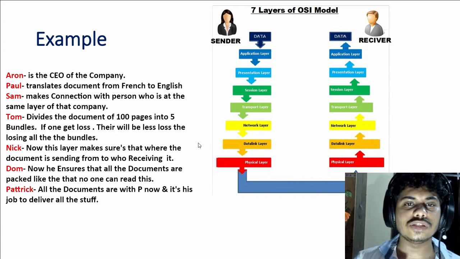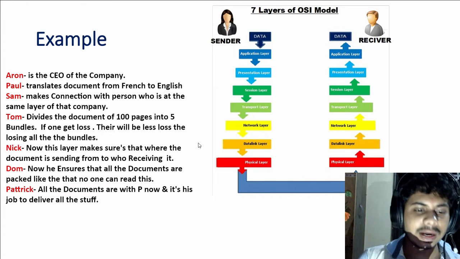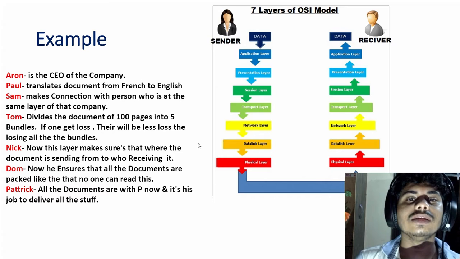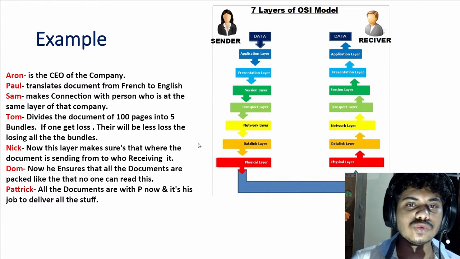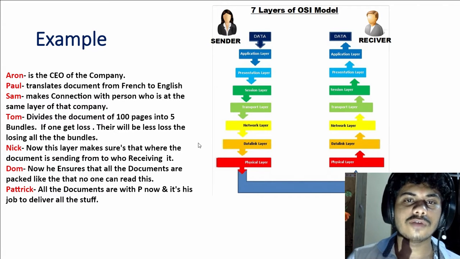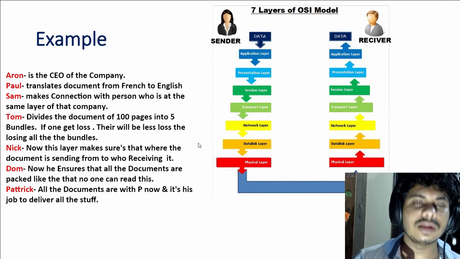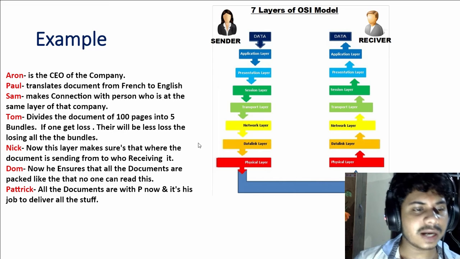Nick will write on each document where this document is dispatching from and where this document has to be delivered. This is the responsibility of Nick. He will write on each document: this is the address of the sender and this is the address of the receiver. Now Nick will again pass it further.